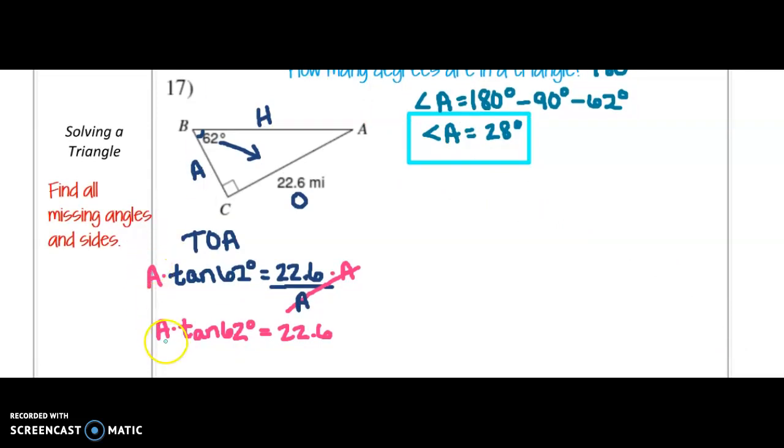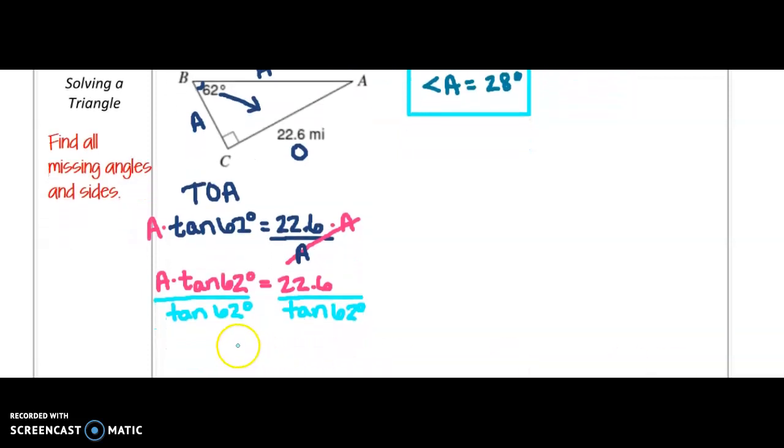So to get rid of the tangent of 62, we're going to divide by tangent of 62 degrees. And again, make sure that your calculator is in degree mode. So we're dividing both sides by tangent of 62 degrees. So ultimately, this is going to cancel out, and A is approximately going to be 12.0.